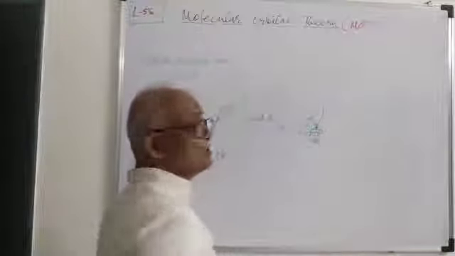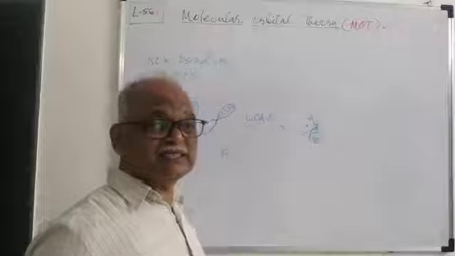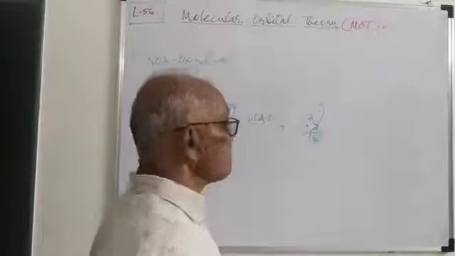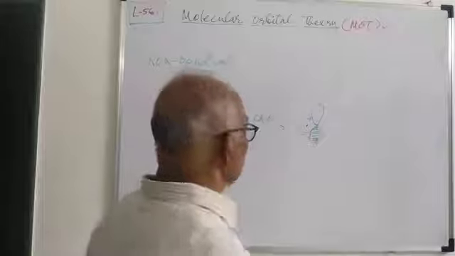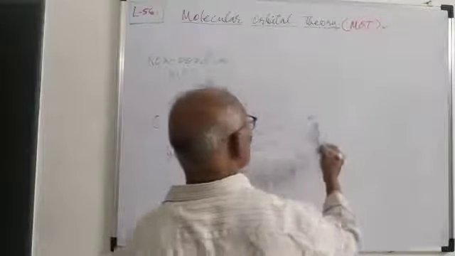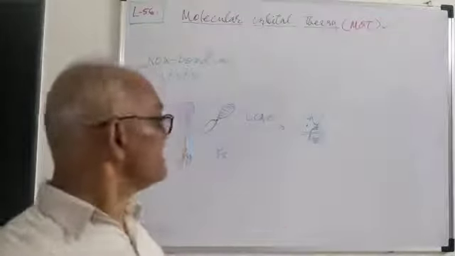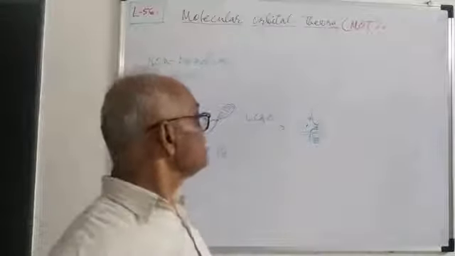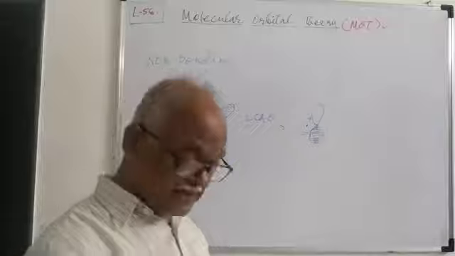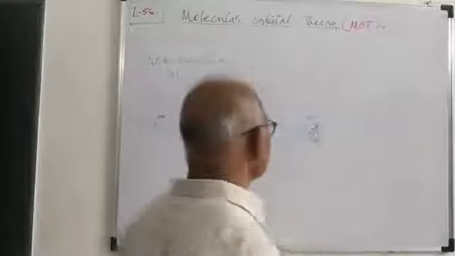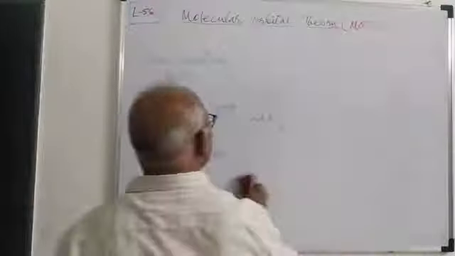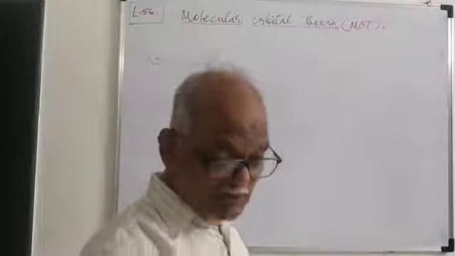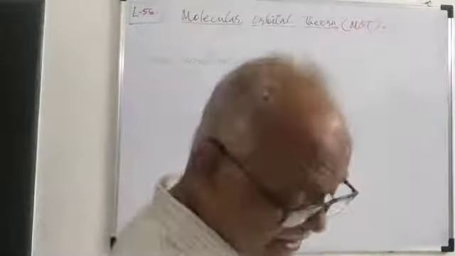So if the two orbitals come together, this creates a bonding effect, and that is cancelled by an equal amount of antibonding effect which takes place here. In this way you will find that these orbitals are not actually working for bonding effect, so they are directly transferred to the MO system, and they are called non-bonding molecular orbitals.